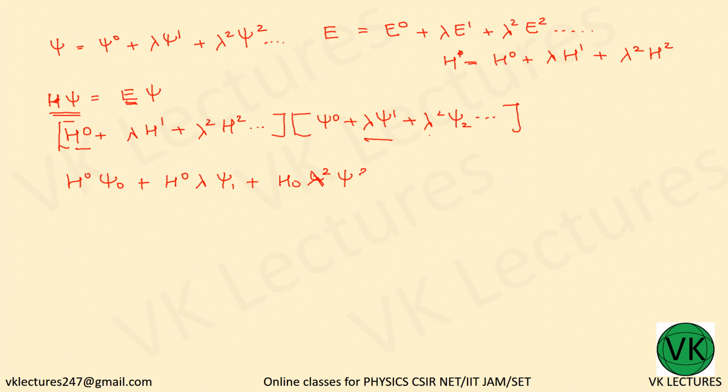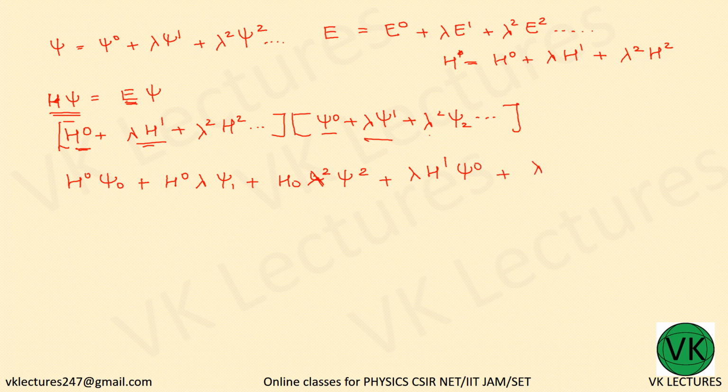Now plus lambda H dash, sorry, H1. So we have multiplied H naught with all the terms. Now we will go with the second term in here. So lambda H1 will go with psi naught. Okay, fine.